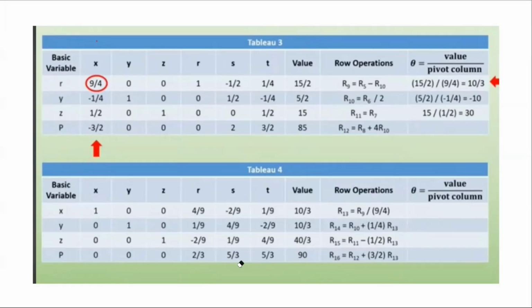right? And when you finish doing all of that now, well, because there are no negatives here, the process is complete, right? And really and truly, this is your maximum value, the 90. And it occurs when x is 10 over 3, y is 10 over 3, z is 40, right?